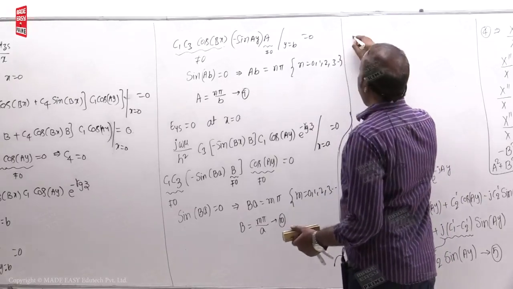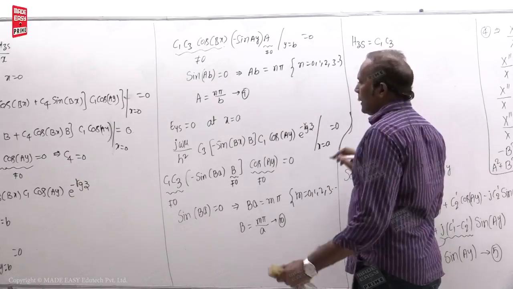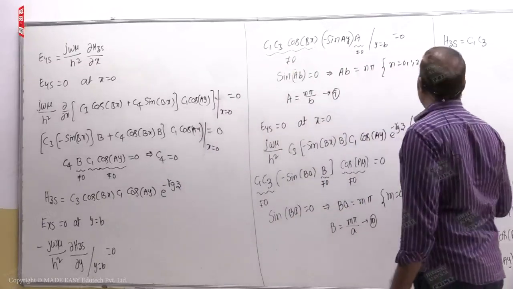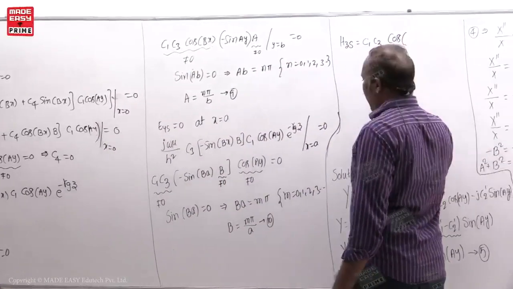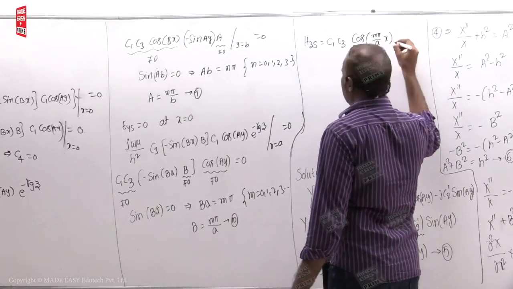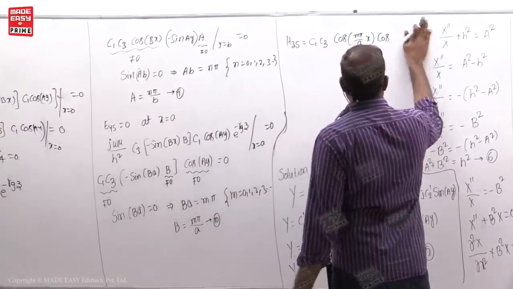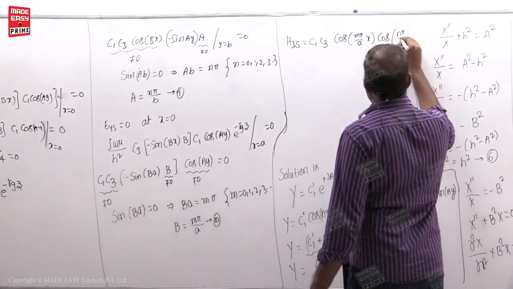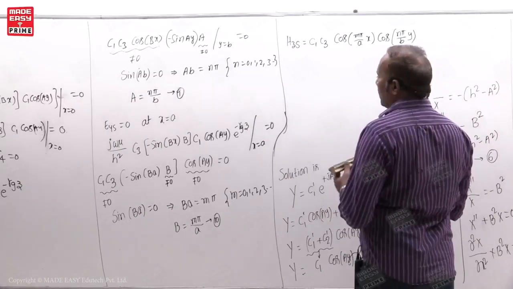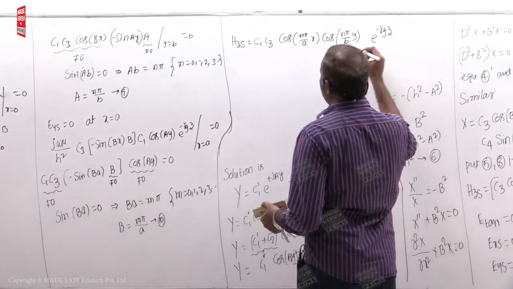Final solution is Hzs equal to C1 C3 here, then cos of capital B, which is mπ/a into small x, then cos of capital A, which is nπ/b into y, and ultimately e^(−γz). So this is the final equation.